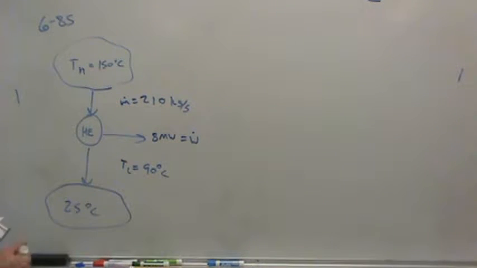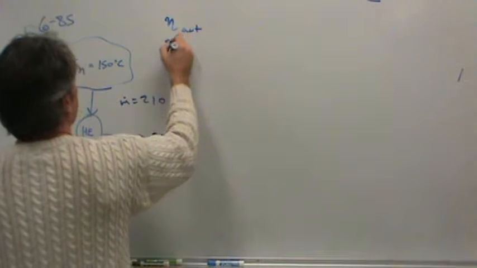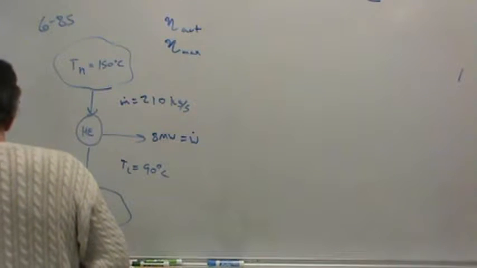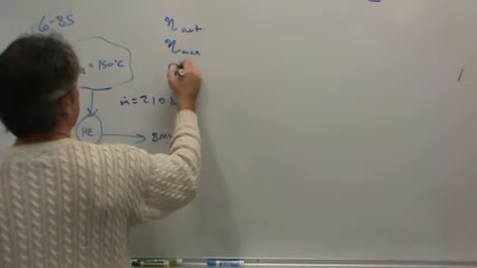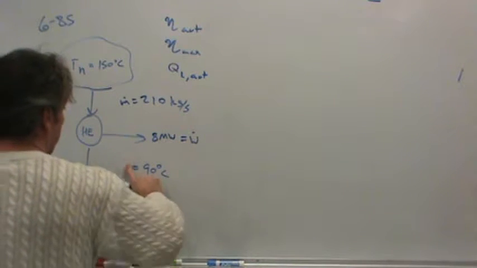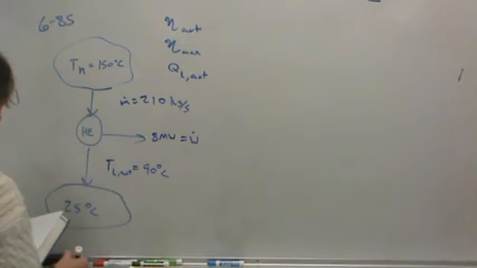We're supposed to find the actual thermal efficiency, the maximum, and then also the actual rate of heat rejection. So let's call this T sub L actual.